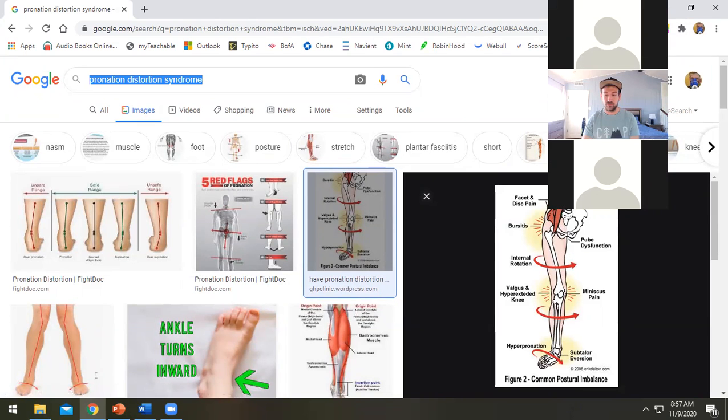Question. What you're talking about right now is called pronation distortion syndrome, which is typically caused by being flat-footed? Yes, it's either caused by being flat-footed or it causes flat-footing. Okay. It can go in both directions. Because, Charlie, this is one thing we actually spent a lot of time talking about before we had you join us.